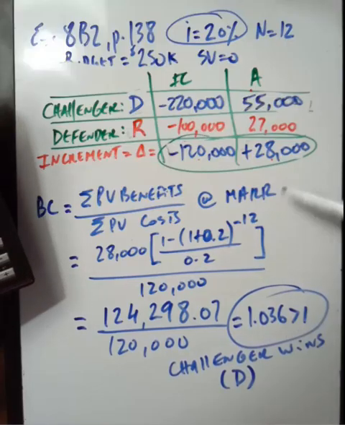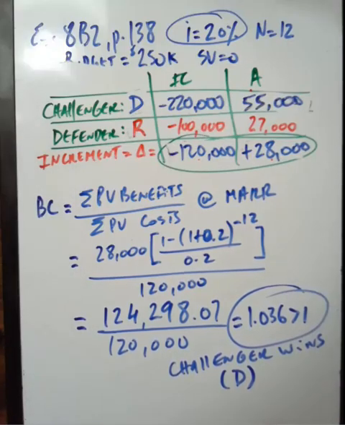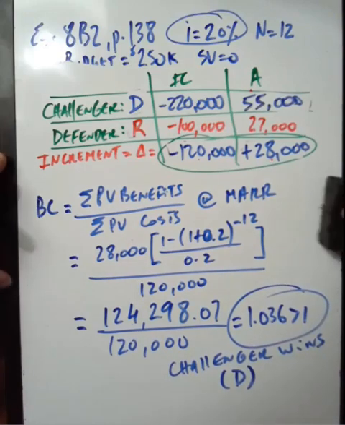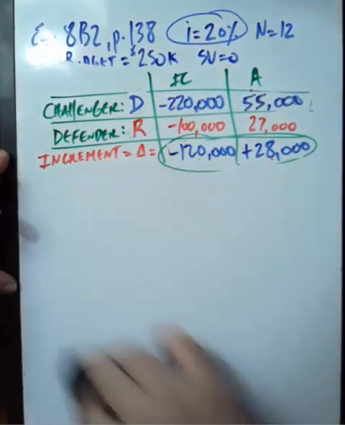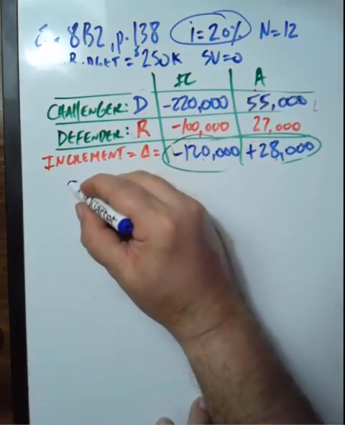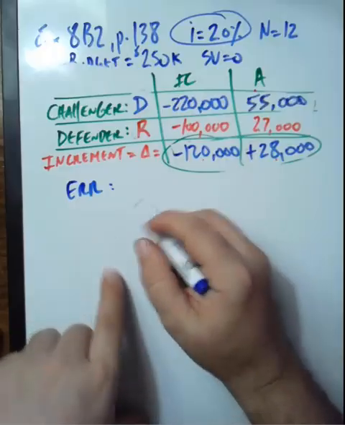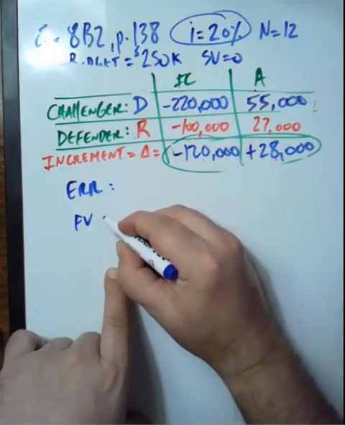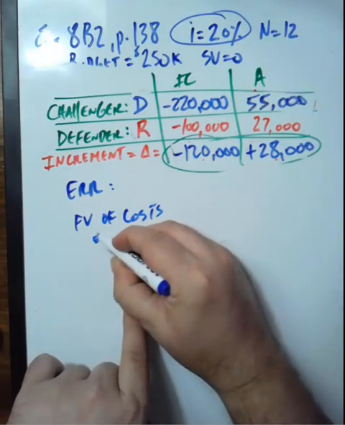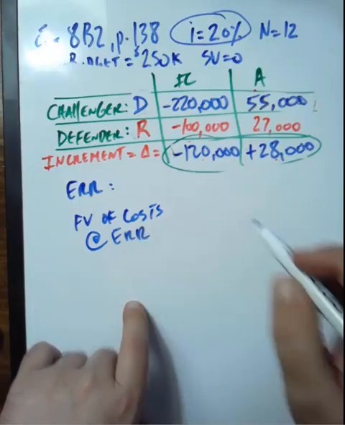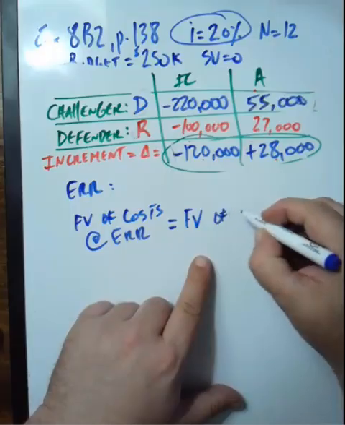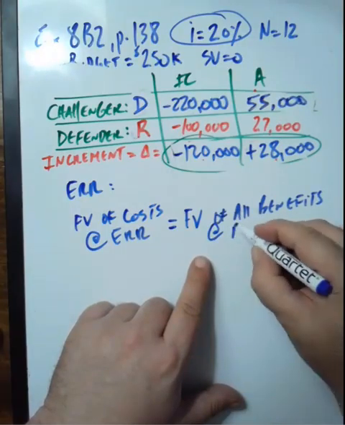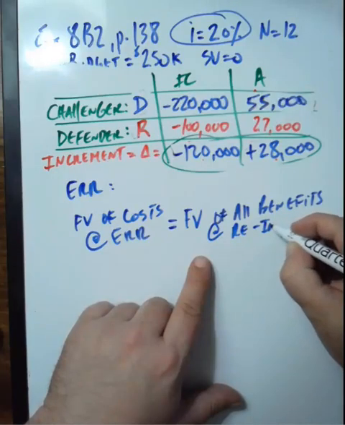Now let's do this very same computation using the external rate of return. The textbook doesn't ask, but just for the sake of having an example for the external rate of return. So the external rate of return is the rate that makes the future value of all costs, when evaluated at this so-called external rate of return, equal the future value of all benefits, when evaluated at the so-called reinvestment rate.